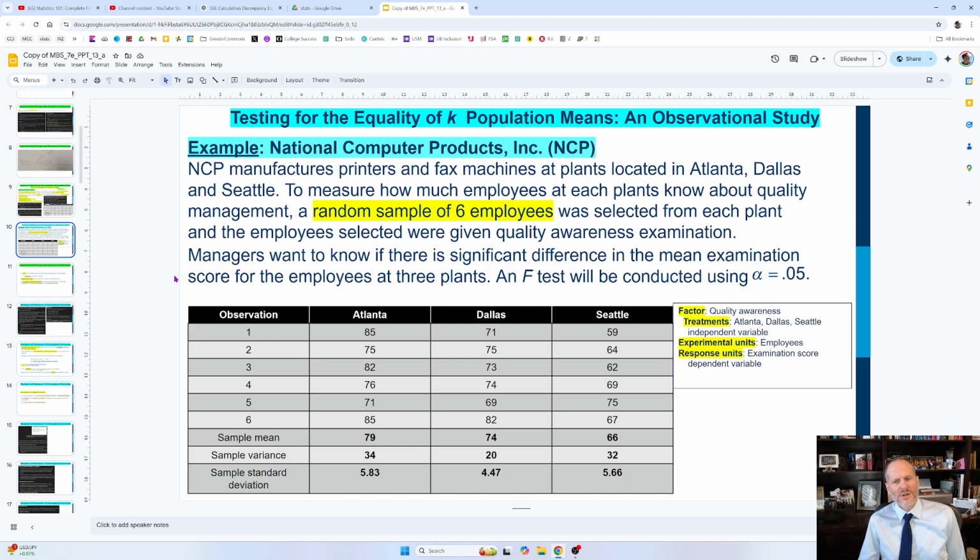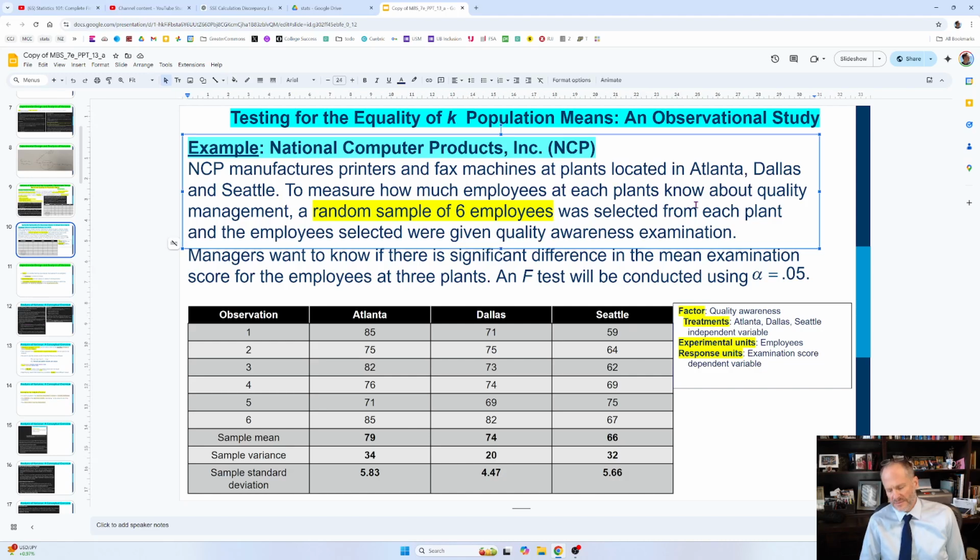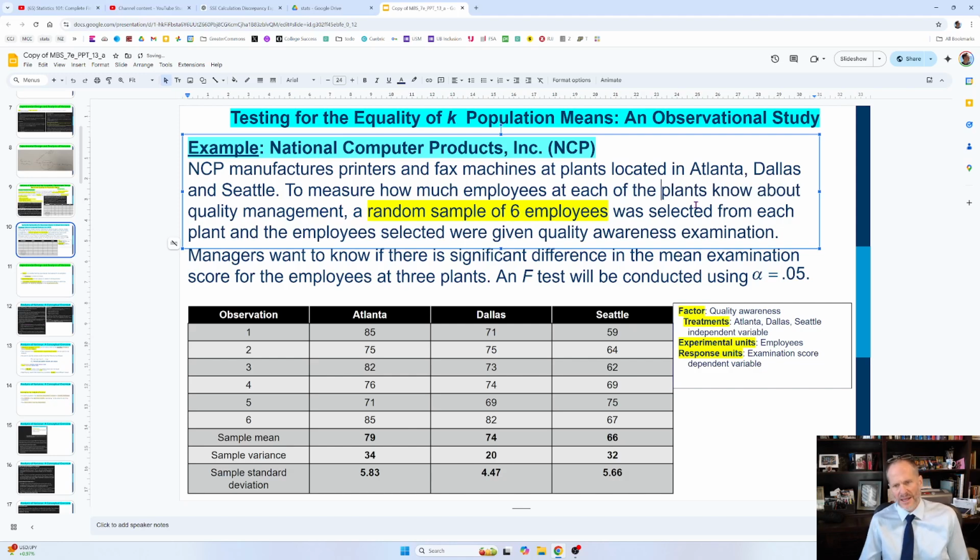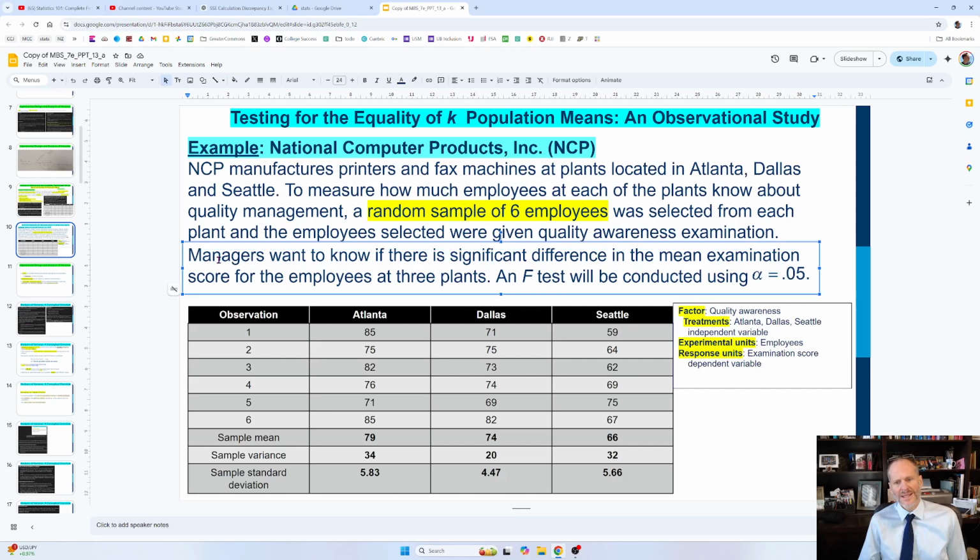To measure how much employees at each of the plants know about quality management, a random sample of 6 employees was selected from each plant, and the employees selected were given a quality awareness examination. Managers want to know if there is a significant difference in the mean examination score for the employees at the 3 plants. An F-test will be conducted using alpha equal to 0.05.